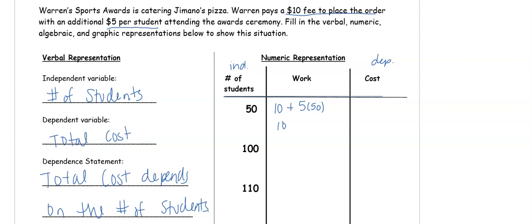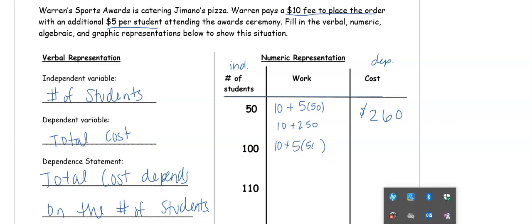Oh, who would have ever imagined? Okay, so 5 times 50 is 250 plus 10, so it's going to be $260, right? So if 50 kids come, Warren has to pay $260. So again, there's the $10 fee, $5 per student.